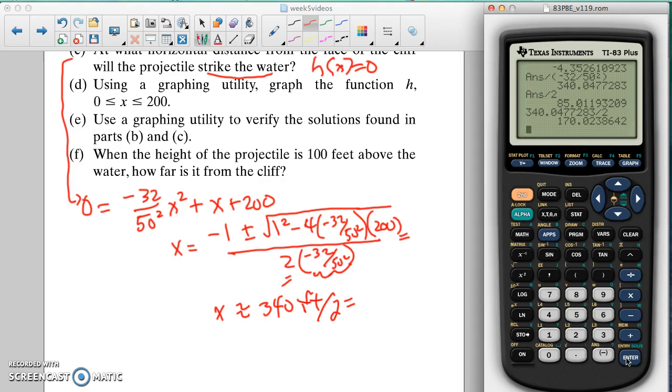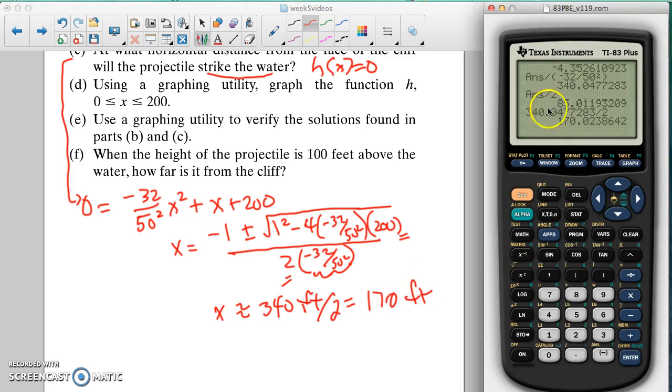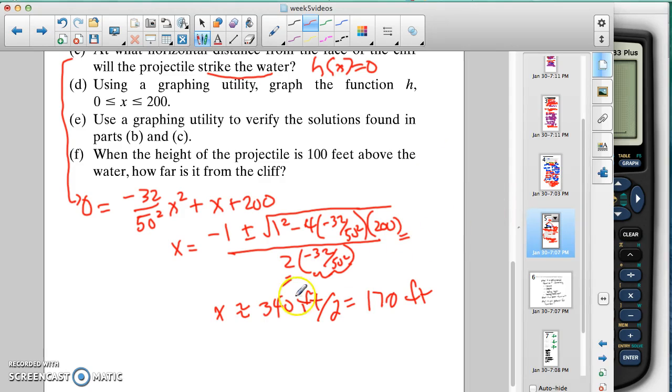So approximately 170 should be my answer, and that's what we got on our calculator when we did this. So that was a good thing we checked that. Our calculator did give us about 170 for our graph. There it is: 50, 100, 150, there's about 170 there. So that's a double check. There I made my mistake. I forgot to divide by 2, and I took care of that.